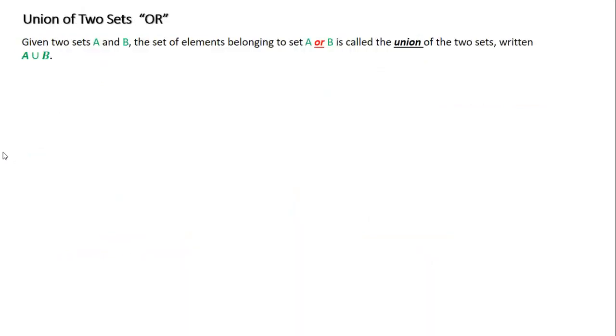All right, so how about the "or"? We saw the "and" is the intersection, right? At A and B, I want to look at the values common to A and B. Now in English, the "or" refers to union.